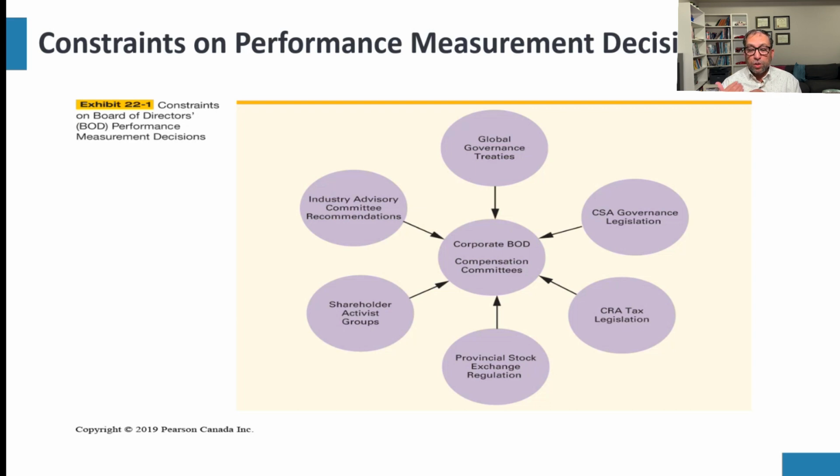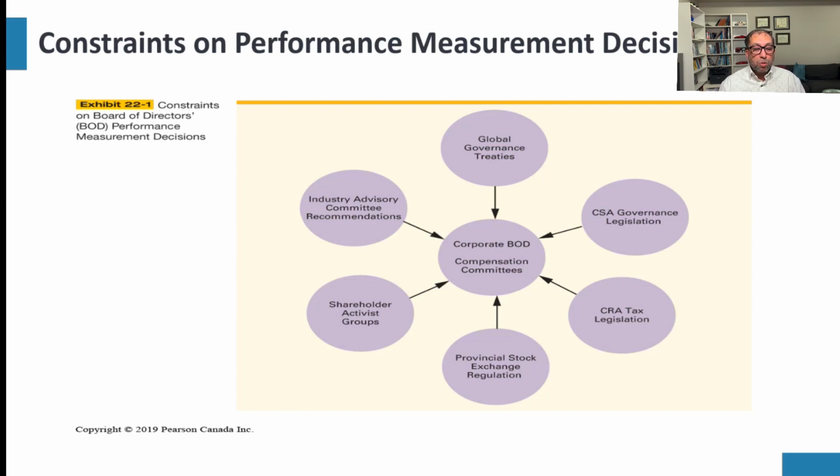Compensation committee. So out of this board of directors, or maybe some non-members of the board of directors, can constitute a committee. That committee's role is to take care of compensation, study different compensation models, and then design the compensation model which is appropriate for the corporation or in line with the business model of the corporation. When they are measuring performance, they have to keep in mind all these factors which are outside the corporation.